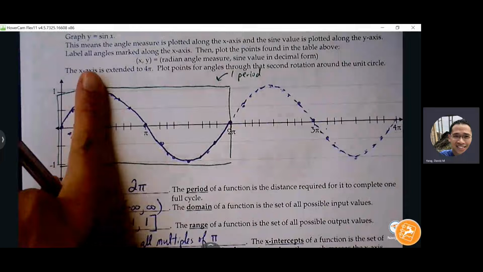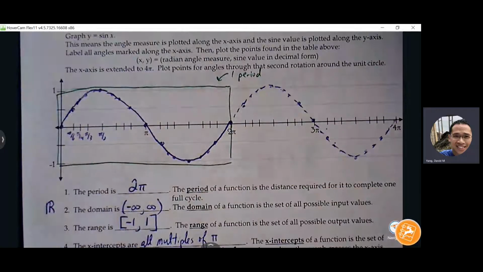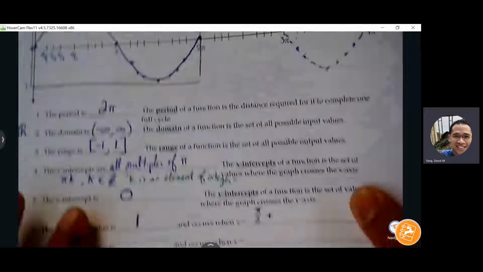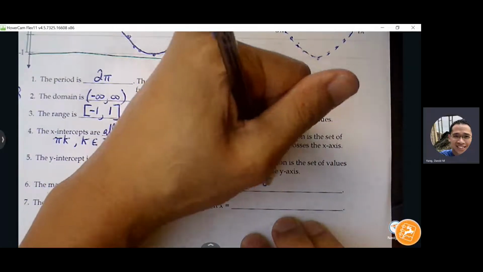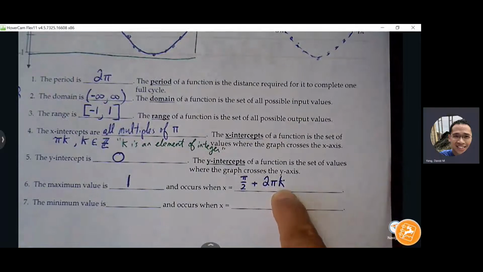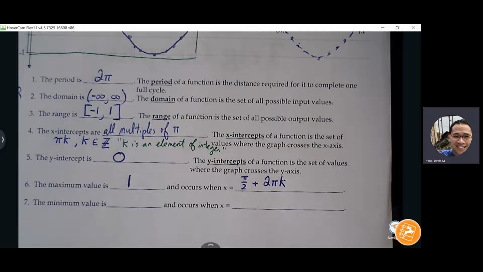Sorry, if I start at pi over 2, if I add another pi over 2, I'm going to hit another peak, right? So basically, because of coterminal angles, all my peaks are going to be 2 pi apart from each other, in a positive and negative direction. So I can say, okay, as long as I go 2 pi, could be that k again, could be some integer. It could be 2 pi, 4 pi, 6 pi, 8 pi, and that k will allow me to increment infinitely in a negative and positive direction.